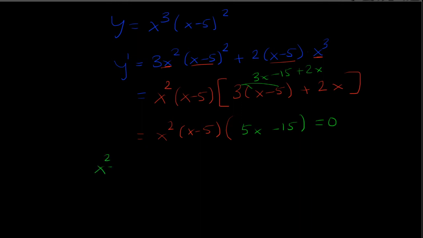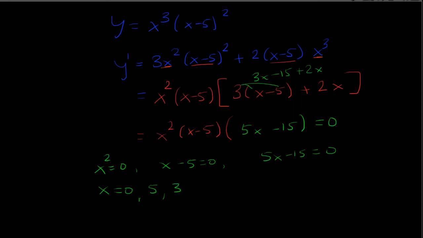Set each factor equal to 0 to find the critical points. I get x equals 0, 5, and 15. Oh, sorry, not 15. 3. So 3 is my critical point.